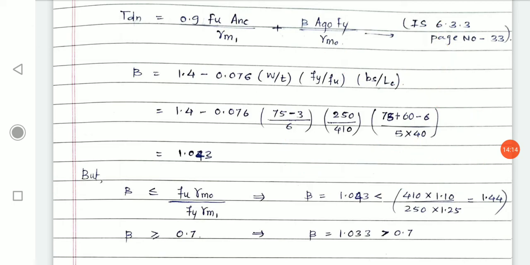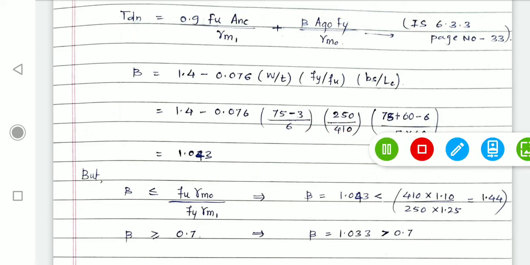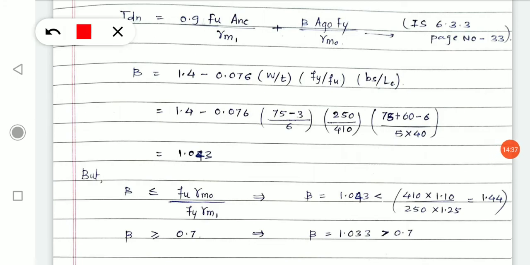Okay, now what is LC? The LC is calculated as follows. I am taking a plan of our gusset plate. This is the gusset plate, and on this gusset plate you have the connected section and a number of bolts over there. To be a clear picture, this is your angle connected to the gusset plate.